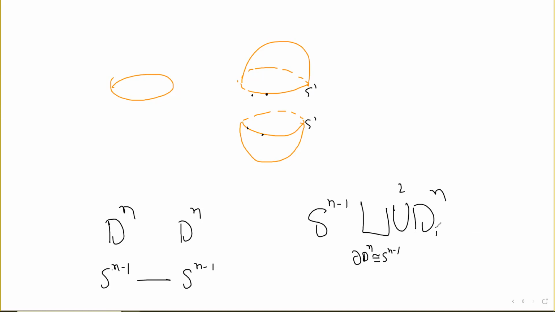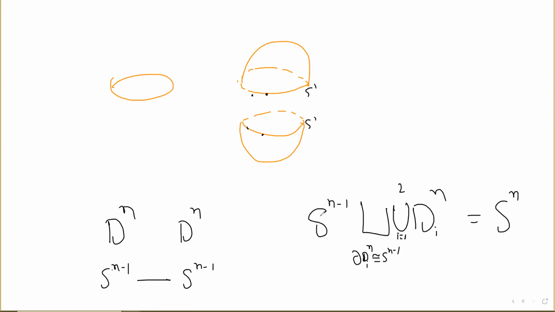So maybe Di, I should say, with i going from 1 to 2. And this way you are getting Sn. You can imagine that this is an iterative process. S^(n-1) also you can build in the same way.